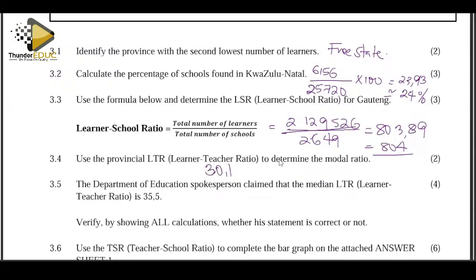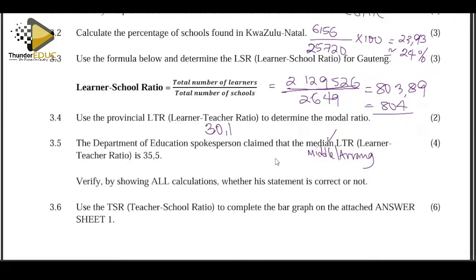Then 35. The Department of Education spokesperson claimed that the median LTR, let's say first, the lowest was 27,2.